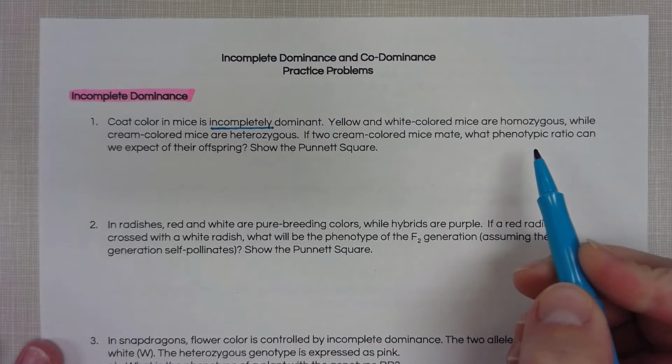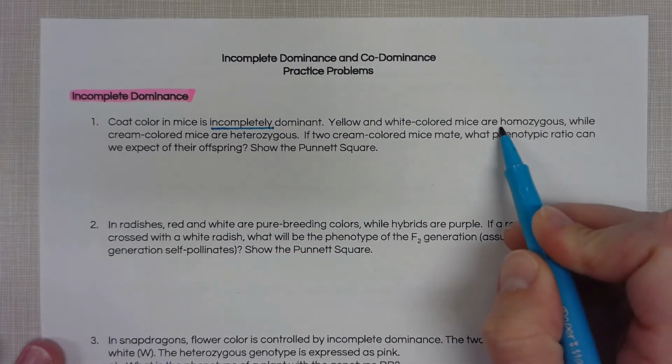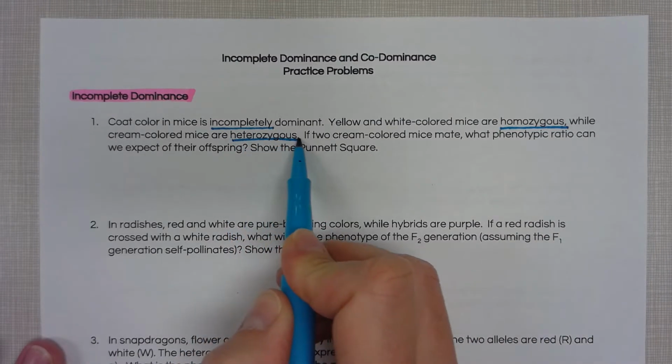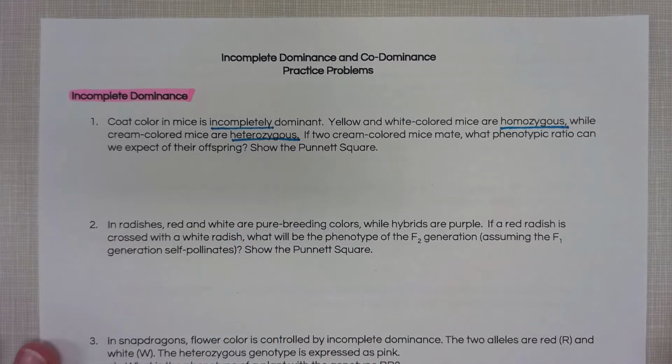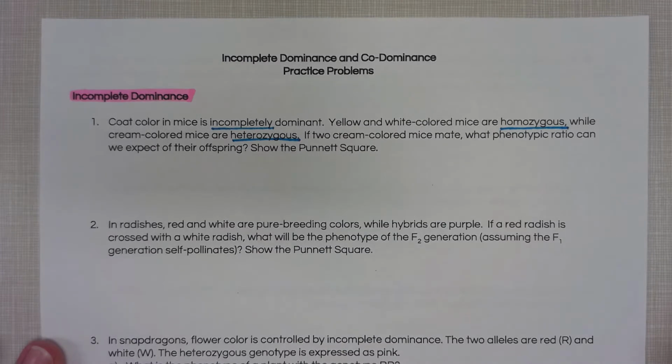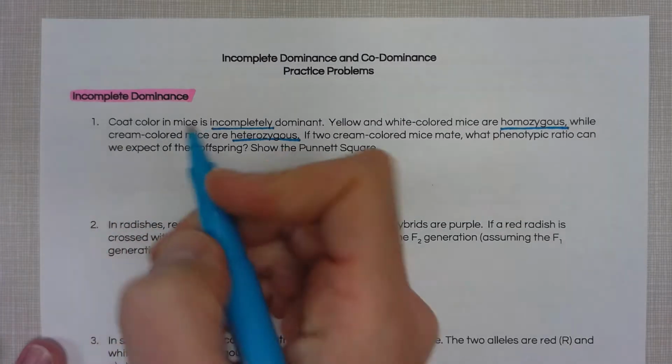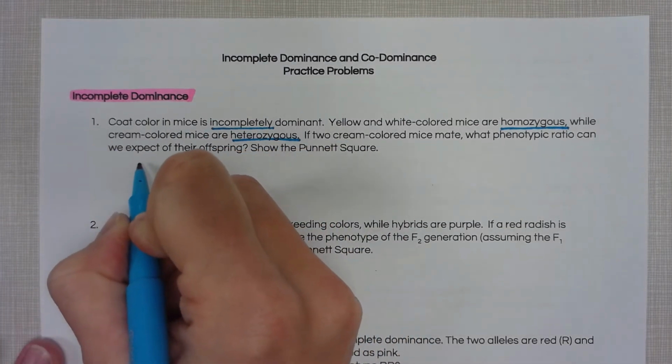Yellow and white colored mice are homozygous, while cream-colored mice are heterozygous. If two cream-colored mice mate, what phenotypic ratio can we expect of their offspring? Show the Punnett square. All right, so first, what information are we given? Yellow and white are homozygous. So let's represent, I like using letters you can easily distinguish capital from lowercase.